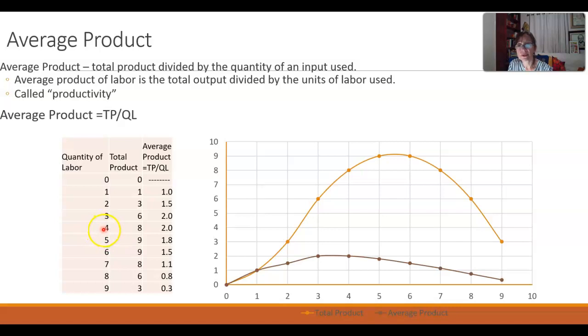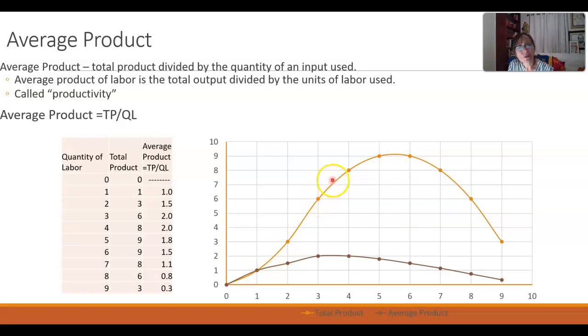And if we continue to do this, 4 people make 8 sandwiches. They average out 2 sandwiches. So together they're making 8, but on average they're only making 2 each. Now, this is kind of an important point here because you can see that the total productivity starts to increase.